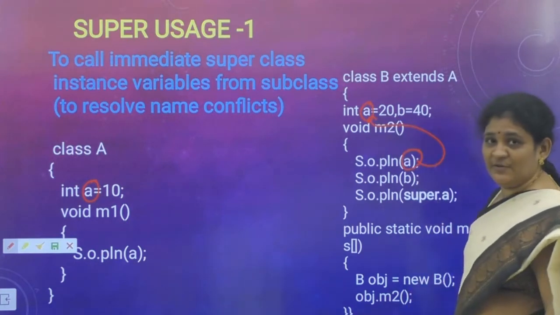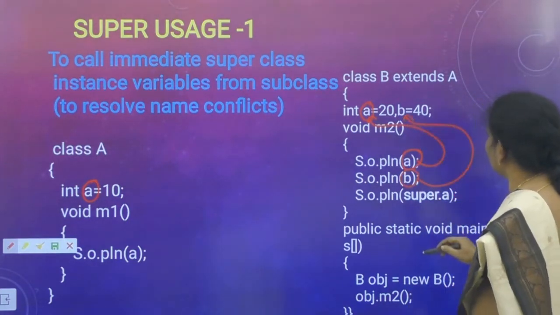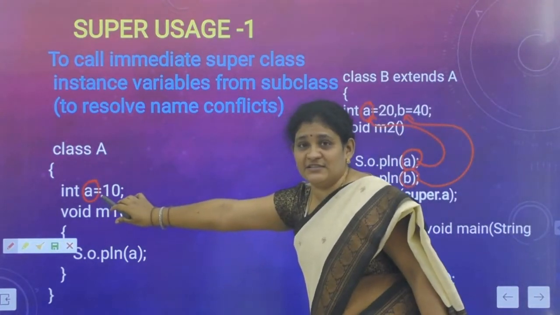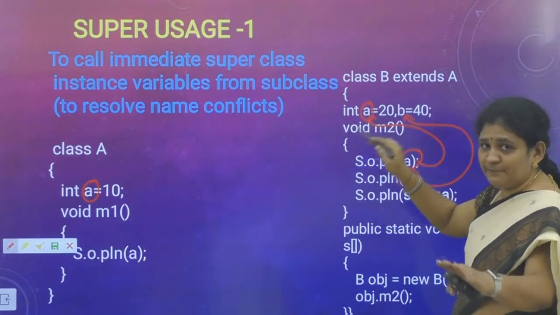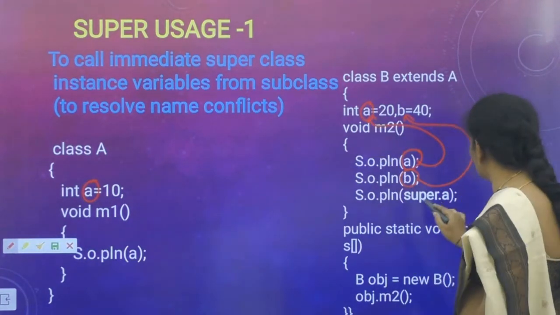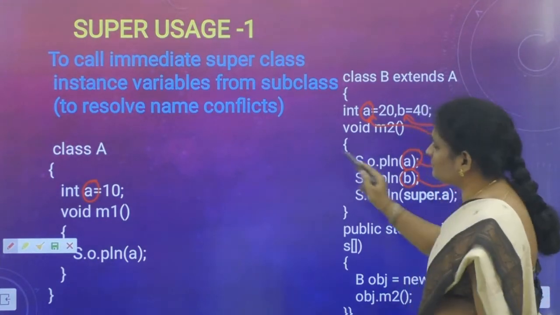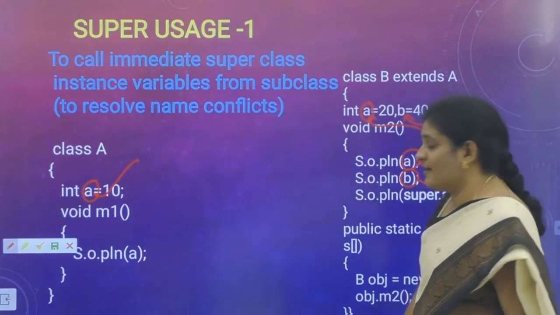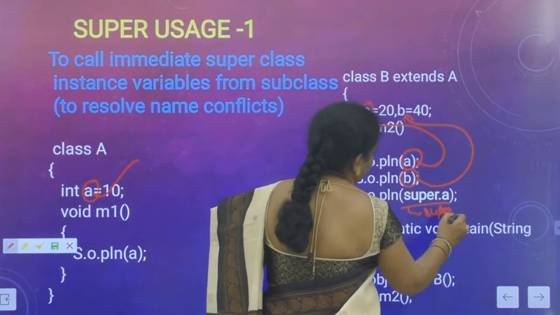Coming to B, B is this B. Then what if I want to access class A's instance variable A? If I directly call A, this A it will refer to. So for that purpose, I use super keyword. Super dot A. If I write something like this, super dot A, then it refers to this variable, the superclass instance variable.